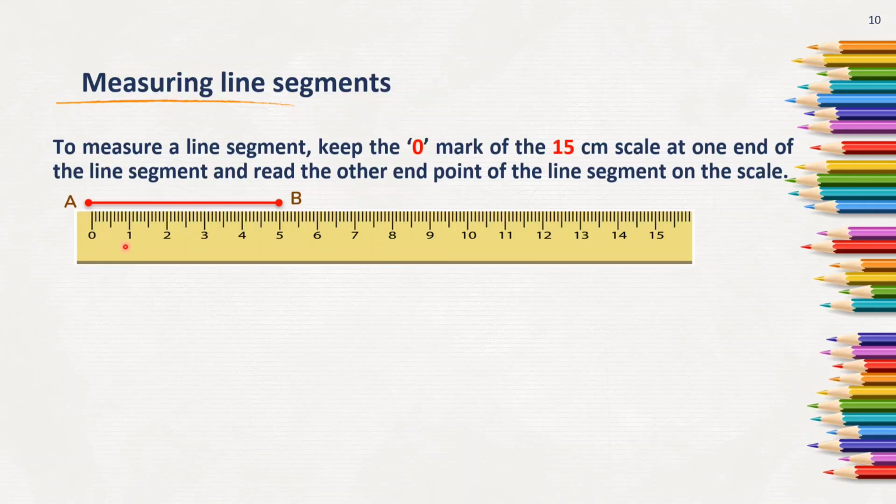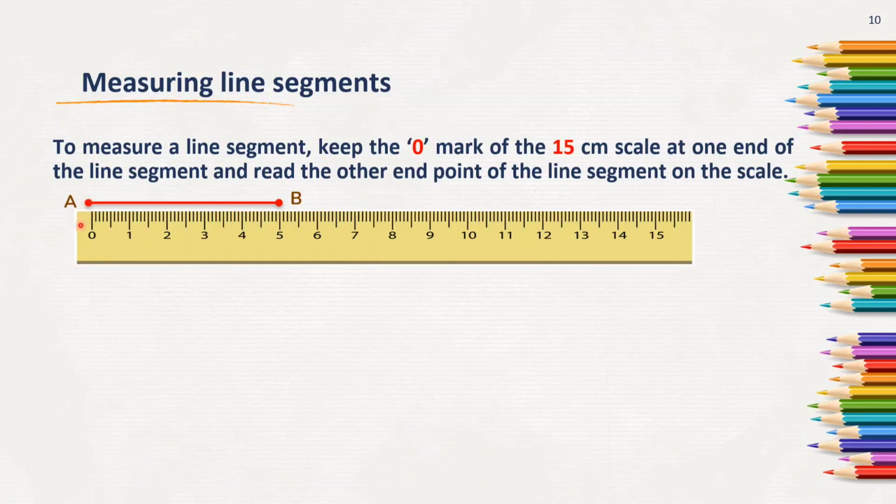From 0 to 1 is 1 centimeter, and each small part is called a millimeter. So how many millimeters from 0 to 1? 10 millimeters. That means 1 centimeter equals 10 millimeters.